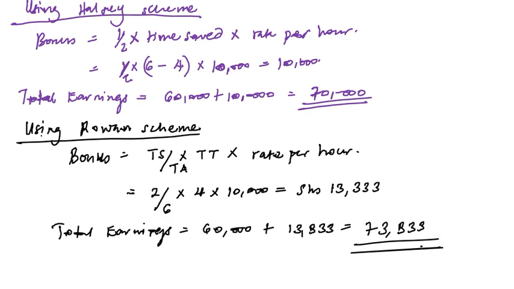Those are the total earnings if you're to use the Rowan scheme. Then under the Halsey scheme, the total earnings is 70,000.